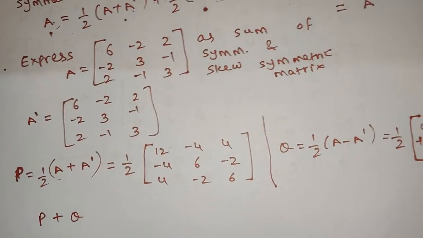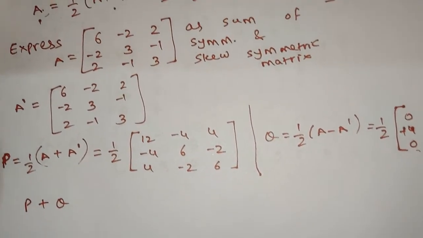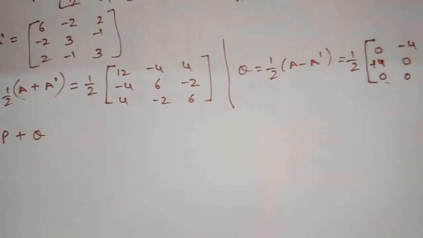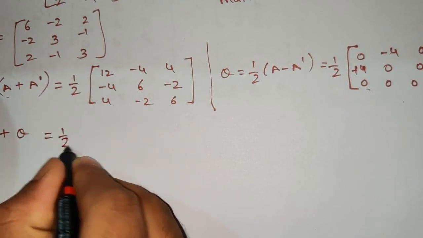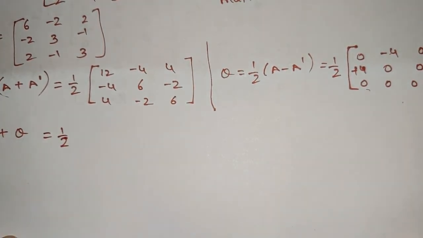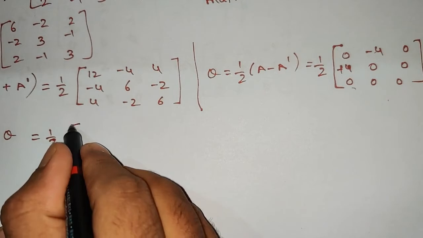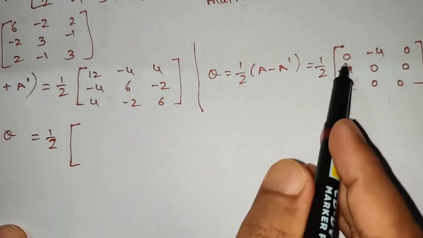For P plus Q, I have to find the addition of these two matrices. I'll take half common from both of these matrices, and then I'll simply add these two matrices.